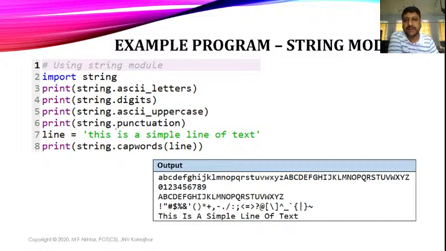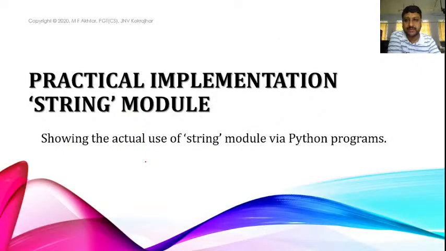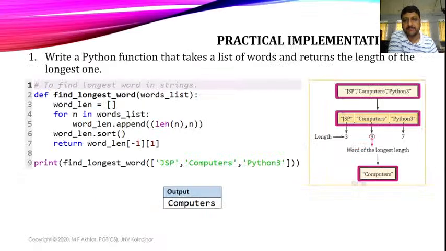Now we have written a program to use the string constant variables. So these are the outputs. We have already seen this. Some implementation is also done. The complete program we are giving here. See, we have written a function to find the longest word in a list of words, a list of strings.